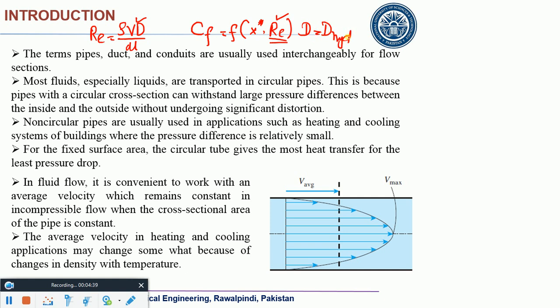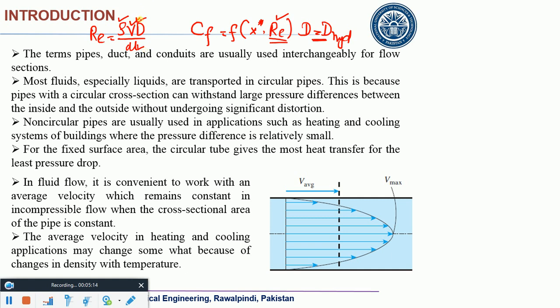You remember? 4P over Ac, something like that, where you take the ratio of 4 times the perimeter of any cross section to the cross-sectional area. So this is the hydraulic diameter. Rho, you already know, we generally consider incompressible effects. We don't consider any change in the density. Same happens to mu as well.